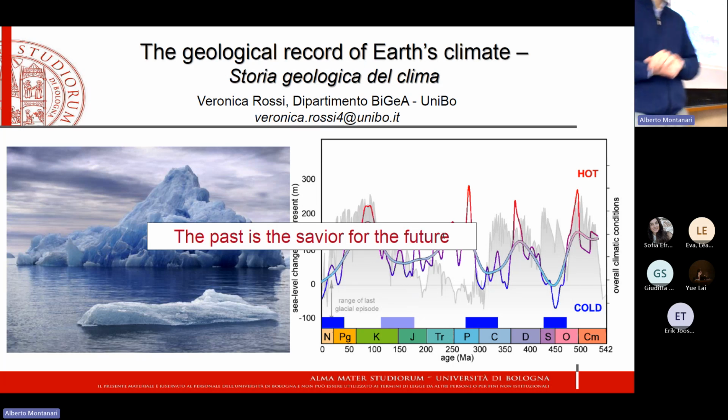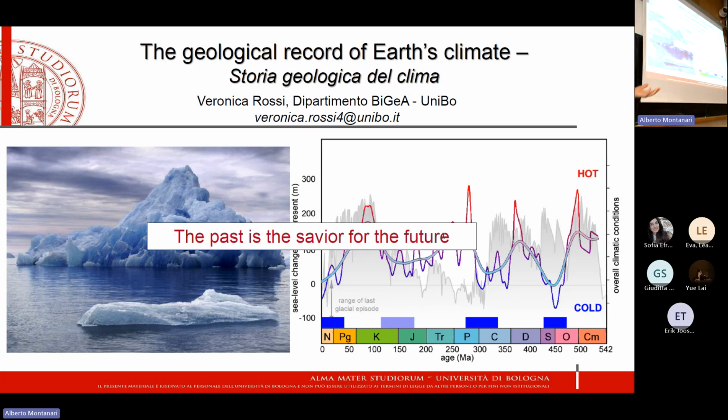Okay, perfect. So today we are talking about history of the Earth's climate and what is the reason why we want to talk about it. Because in order to understand current climate change, it is essential that we try to compare what we are experiencing today with situations that were experienced by the Earth's environment in the past.